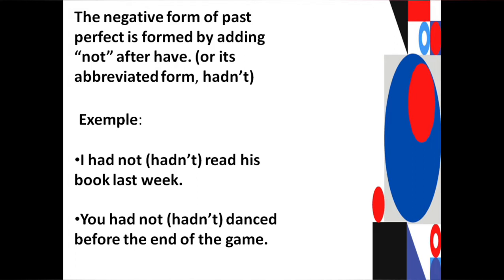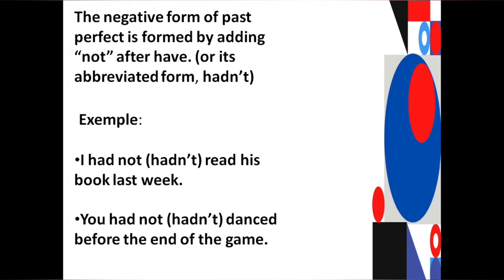We also have the negative form of past perfect, which is formed by adding not after the have, or the abbreviated form hadn't. So, I had not read this book last week, or I hadn't read this book last week.